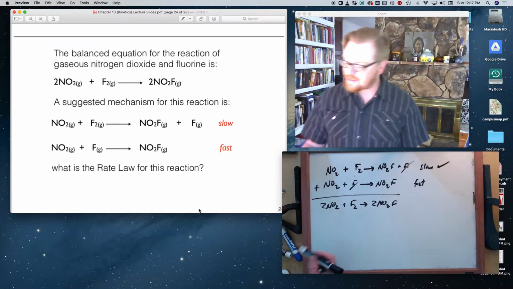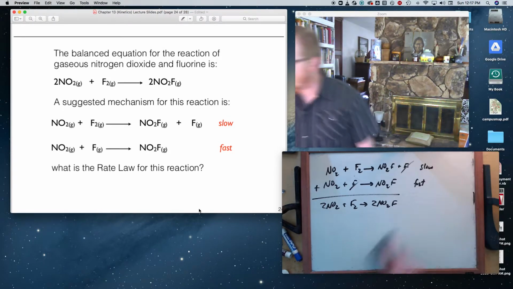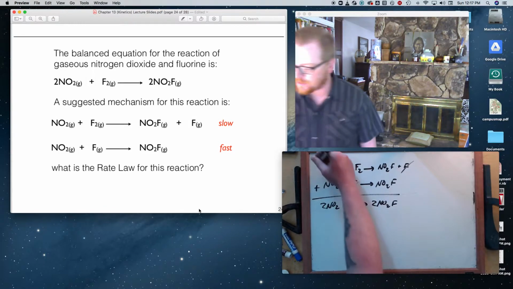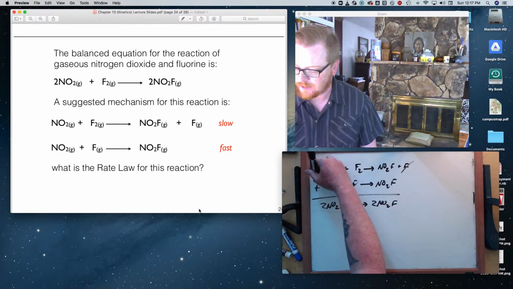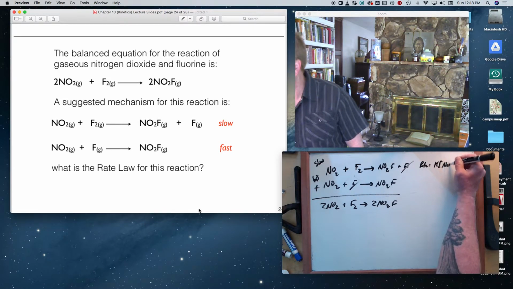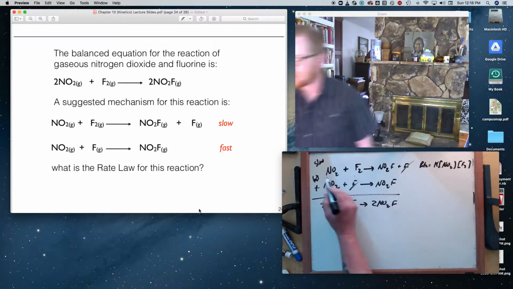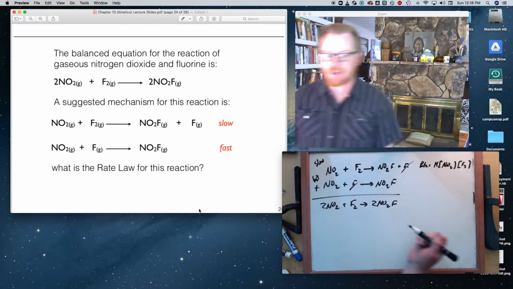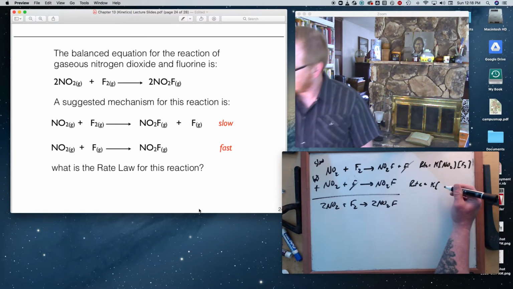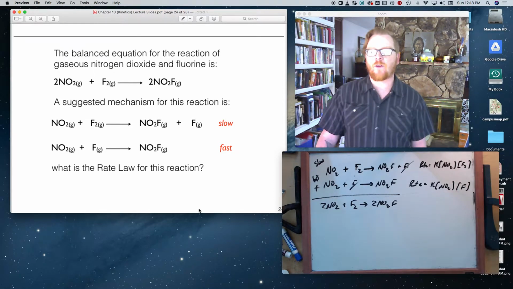And because we can see that these are individual elementary steps, then I know that I can write directly that this step, I'll put slow here and fast here. We can say the rate of this step is rate equals k times NO2 times F2, just based on the stoichiometry of the reactants. And then the rate of this step is k times NO2 times F, all right?